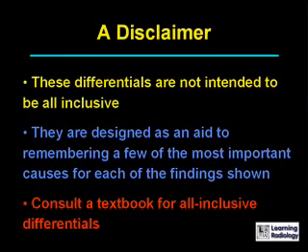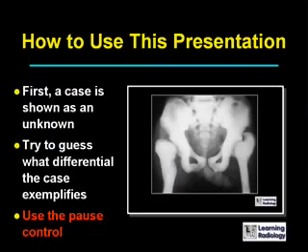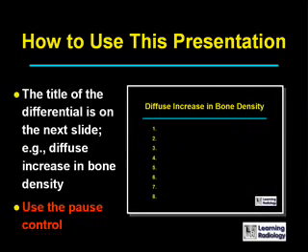These differentials are not intended to be all-inclusive. They're designed as an aid to remembering a few of the most important causes for each of the findings shown. First, a case is shown as an example. Try to guess what the differential is that the case exemplifies. Make use of the pause control on your MP3 player or computer.